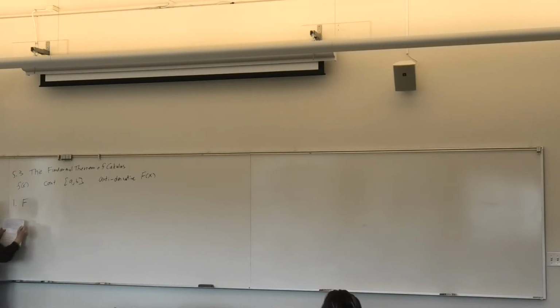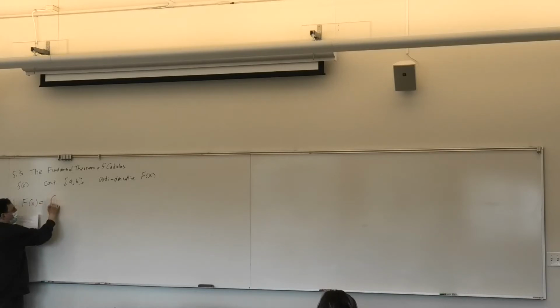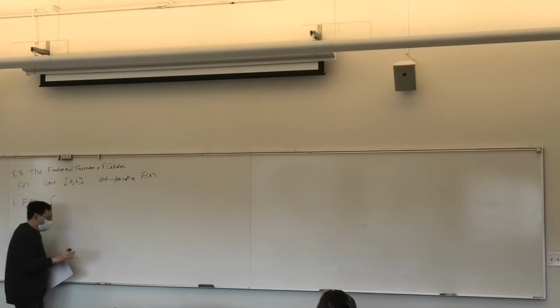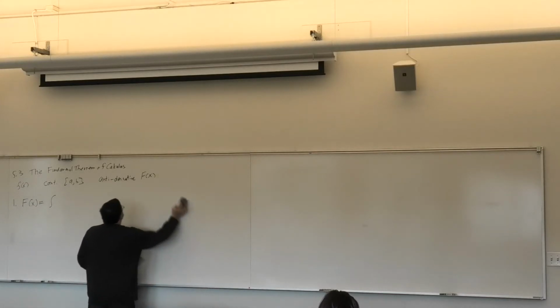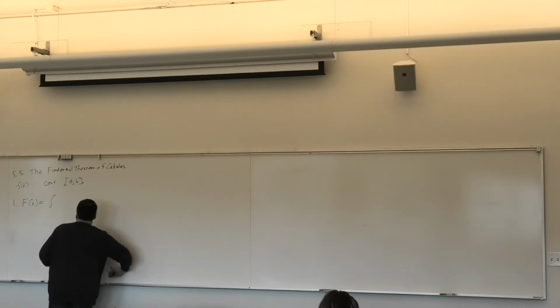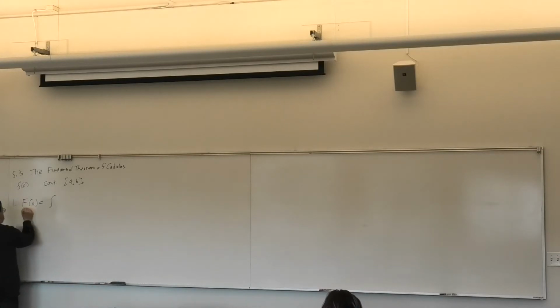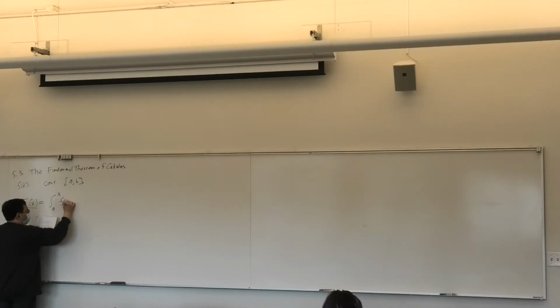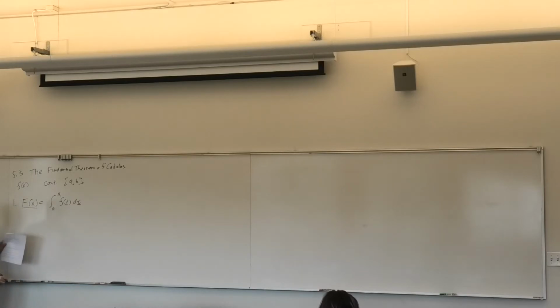So part one says, F of x is, I was wrong about that. It says there's a function F of x, which is the integral from some constant a to x of that function. Note here we have a dummy variable t.